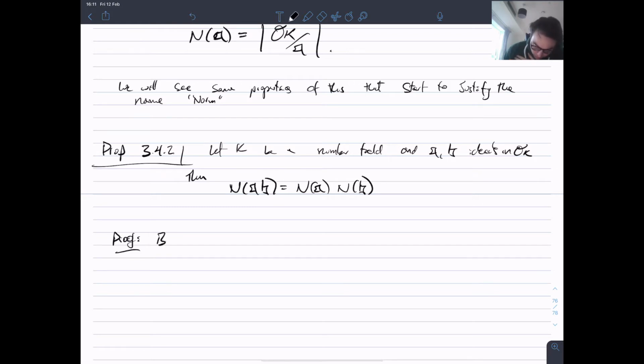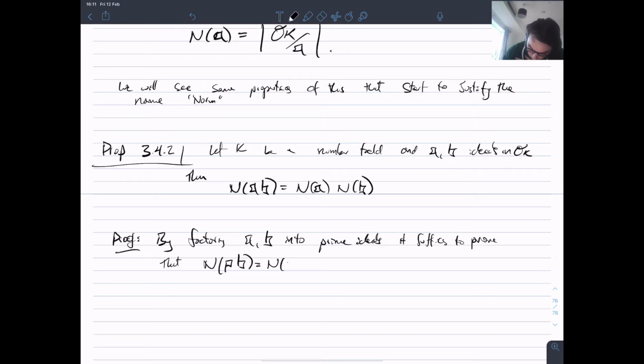So by factoring A and B into prime ideals, it suffices to prove that the norm of P times B is the same thing as the norm of P times the norm of B, where P is a prime ideal and B is a proper ideal.